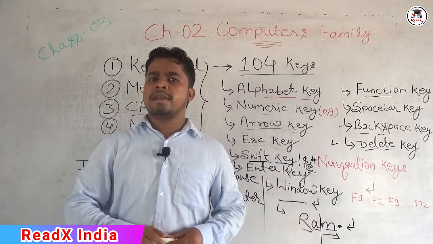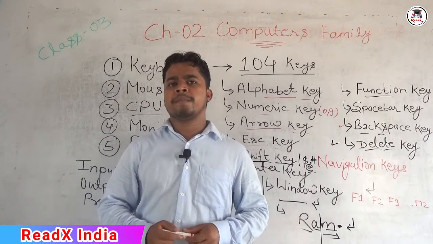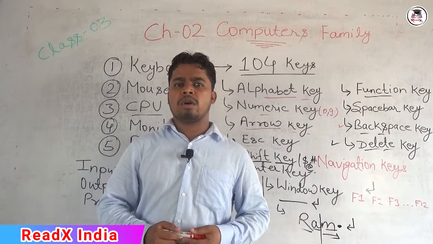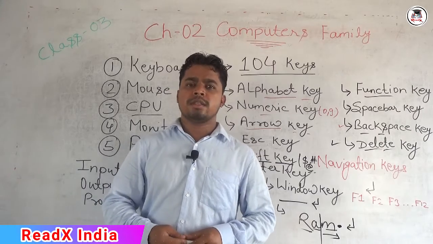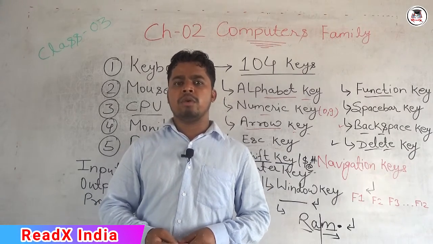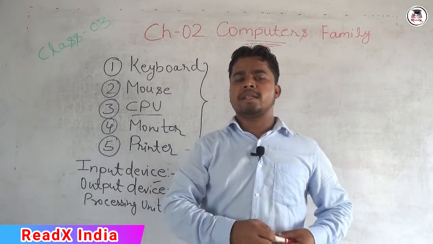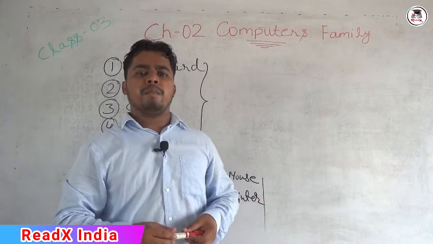These keys are nothing but buttons present on the keyboard. Students, I hope you have a clear idea about all these keys. Now we will see the next part of the family of a computer.